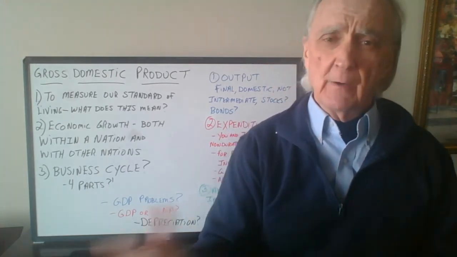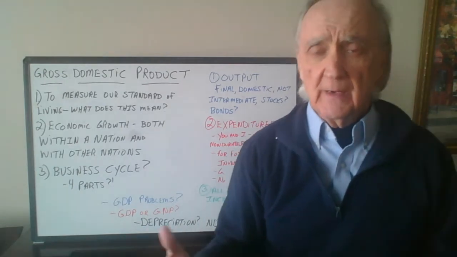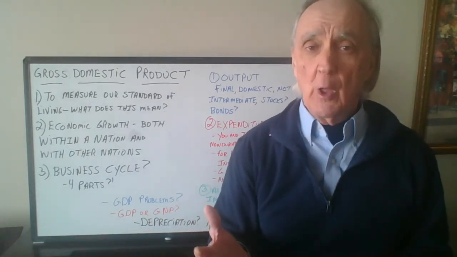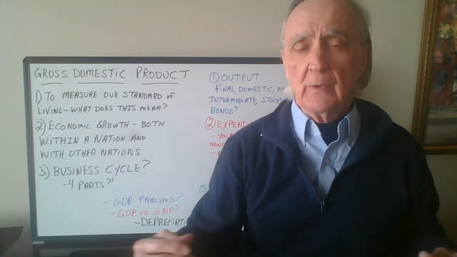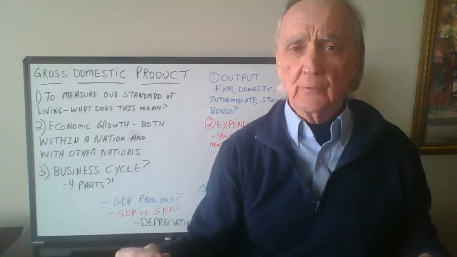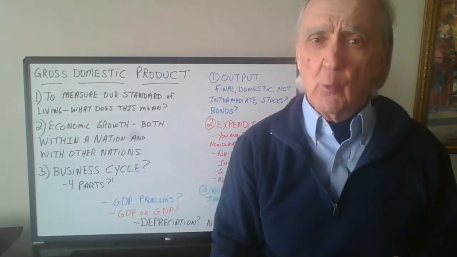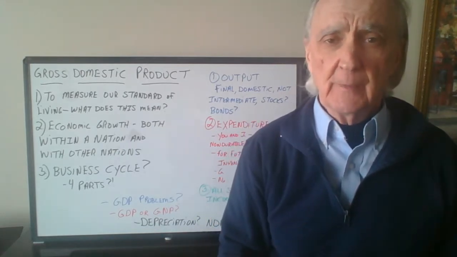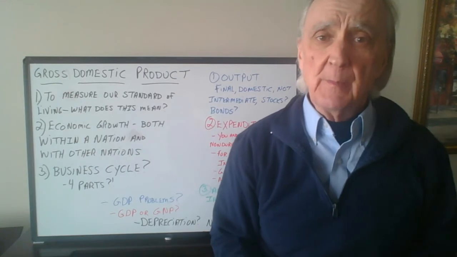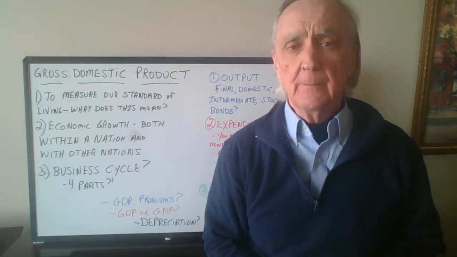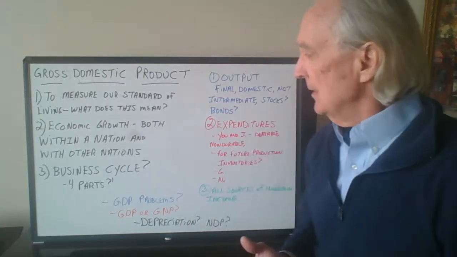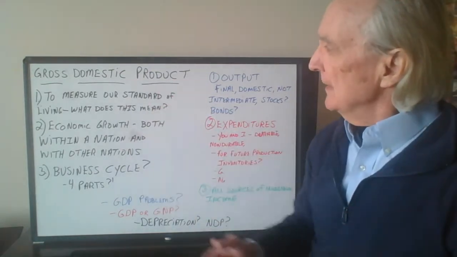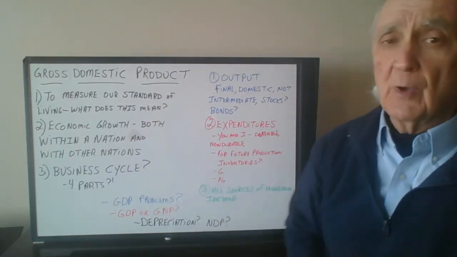When we came out of the Great Recession, we had a very, very long, slow, painful recovery, which somewhat stretched that cycle out. So is it going to be longer from here on out? Well, that remains to be seen. But historically, business cycles have gone about 6 to 8 years. Okay? So that's what we use gross domestic product for.